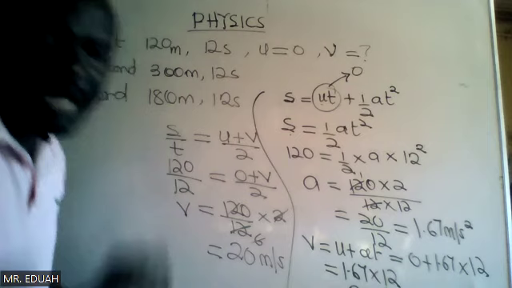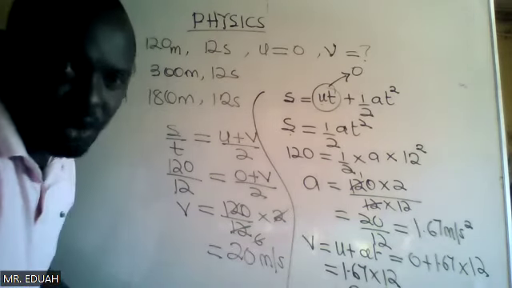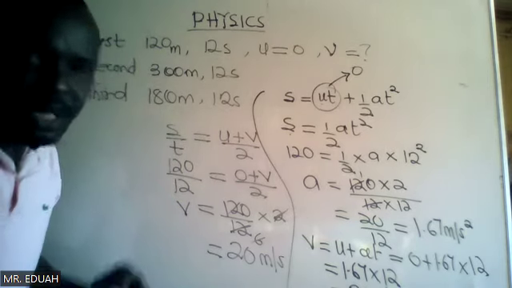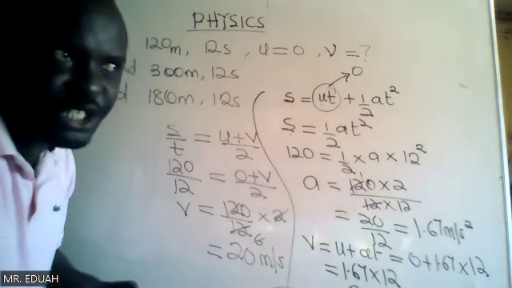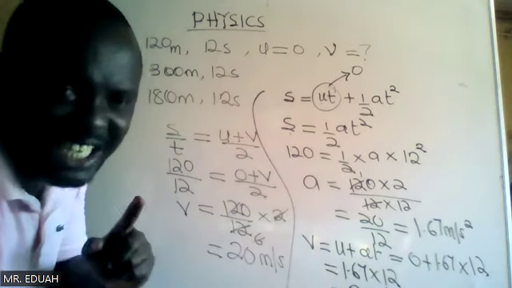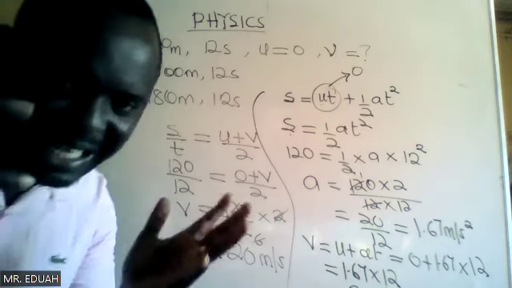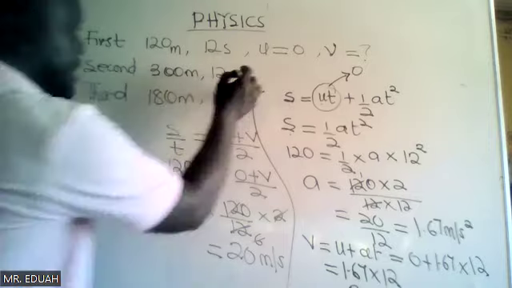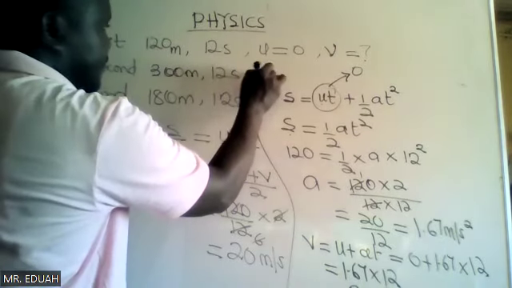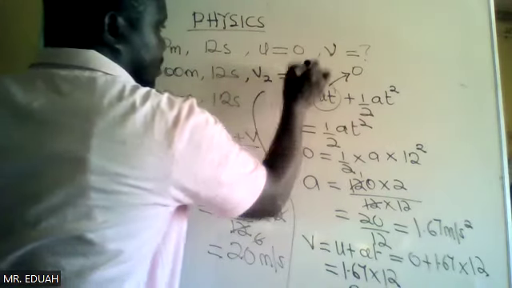I take it again. Because it's a continuous motion, the final velocity of the first part becomes the initial velocity for the second part. So use that application to find the final velocity for the second part for me, V2. And then let's see. Start work.